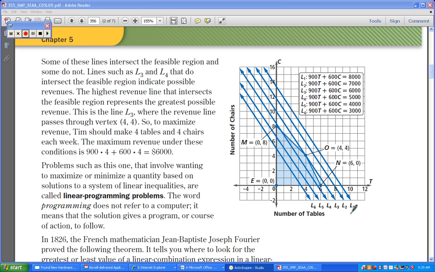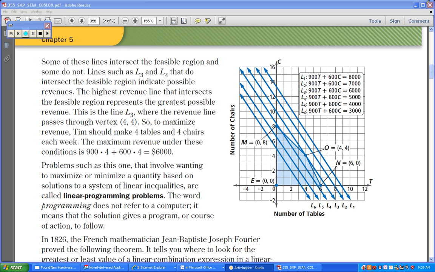The way linear programming works is they've looked at a whole bunch of these plug-in numbers to figure out revenue, and they realized the most profit was not always at this type of point, it was at one of the boundary points of your region. Because I want you to think about it.